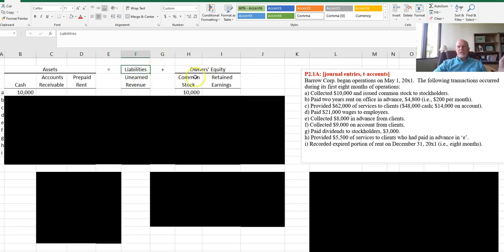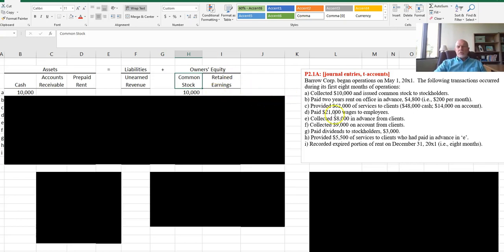The money can come out of the owner's pocket, like this $10,000 that we just got, and that represents the owner's investment. We call that common stock. And then hopefully we will operate the company in a profitable way, and we will keep up with everything related to profit, revenues that we earn minus expenses that we incur. All of that will be kept up in this retained earnings column. So we'll come to that as we go.